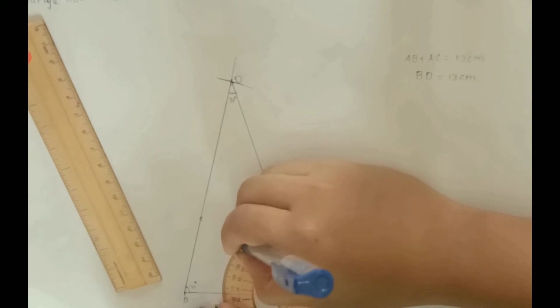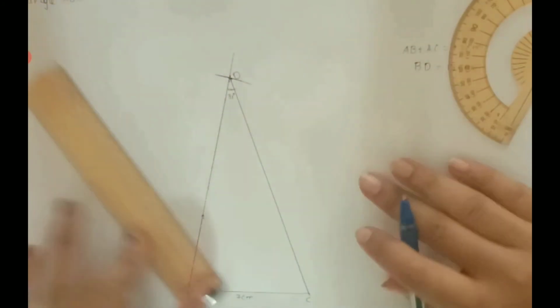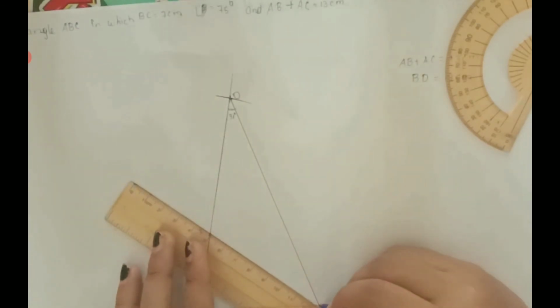As angle D equals 31 degrees, here also you measure 31 degrees to make angle DCY equal to angle BDC. Here both are equal to 31 degrees.